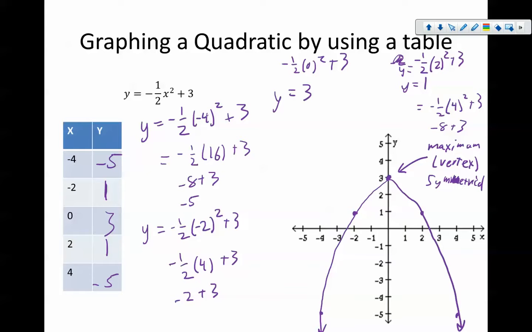So if your vertex is right in the middle here, plugging in the same number on the opposite side is going to make it curve to the same point. So this is what happens with parabolas and why they don't continuously just increase at the same rate. Because when you plug in that symmetrical x value, it gives us the exact same output.